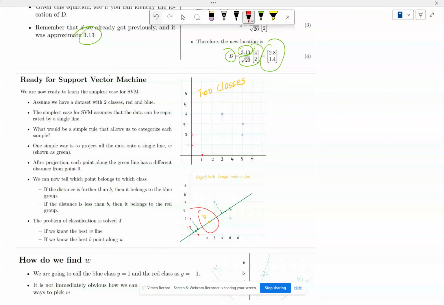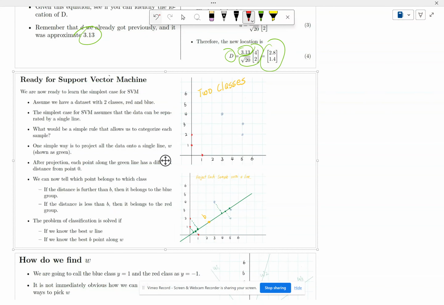So if you have an SVM algorithm, the way it essentially works is it projects everything onto a line, or plane or hyperplane, depending on the dimension of your data, and depending on if the projection is greater than B or less than B. Greater than B, it's class blue. Less than B is class red.